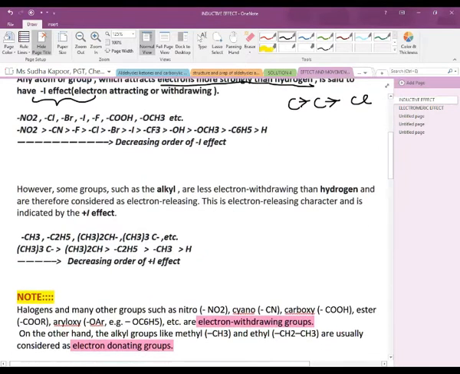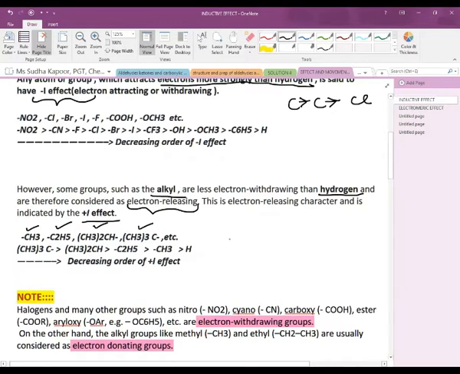But there are other cases, for example the alkyl groups, which are less electron withdrawing than hydrogen. These are considered electron releasing groups and they give rise to the plus I effect. These groups can be methyl, ethyl, isopropyl, tert-butyl.